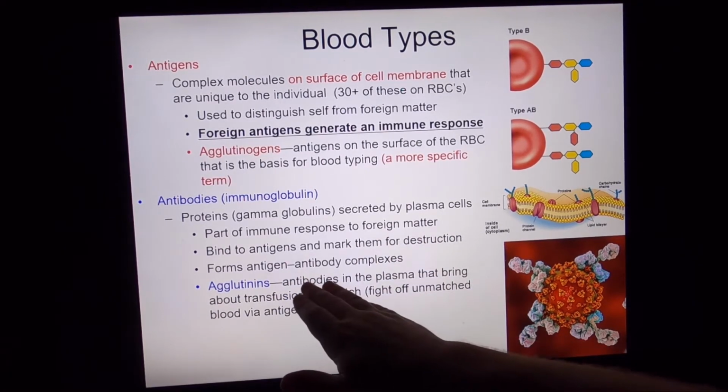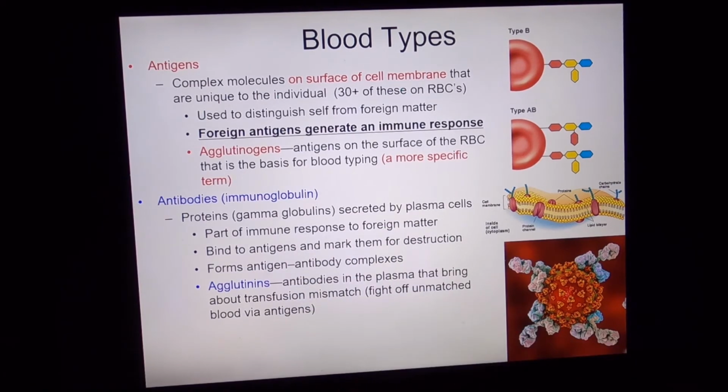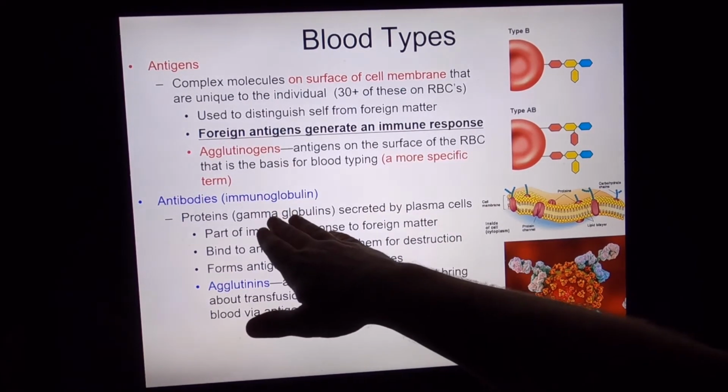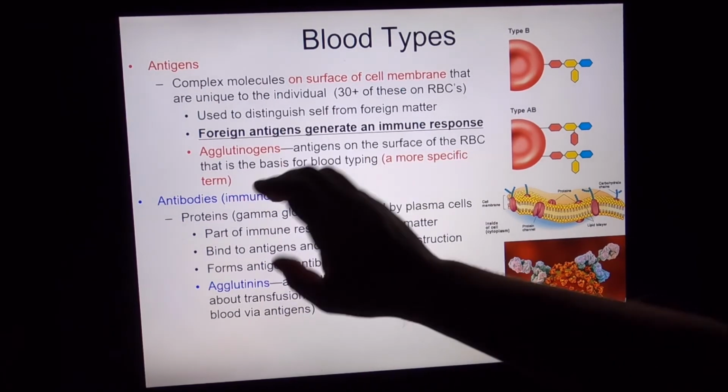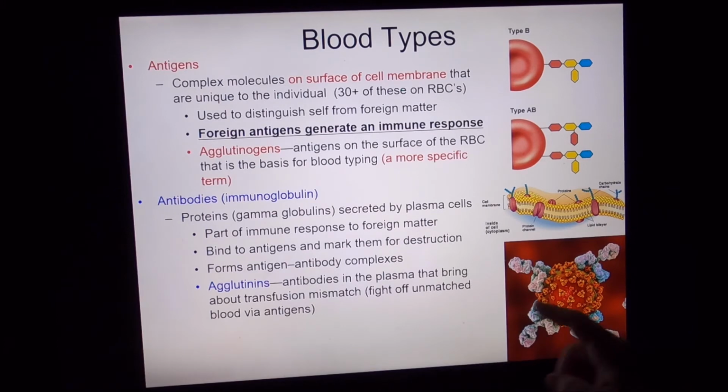Okay, that's what antibodies do. Antibodies are part of the immune system. They mark foreign cells for death. All of your cells have markers on their external surface that say that they belong to you. If your antibodies pick up antigens that don't belong to you, they mark them, and those cells get destroyed. Like this cell here. It's got surface markers. These are antigens.